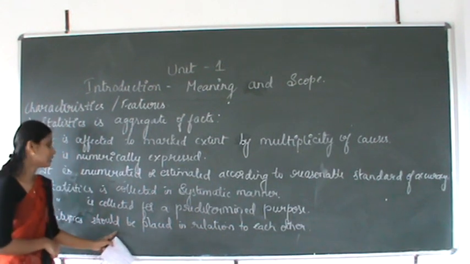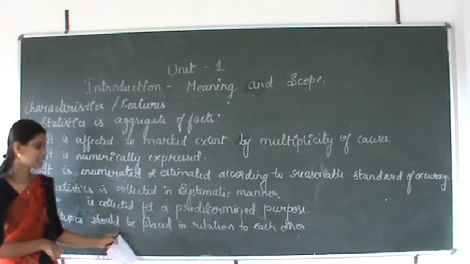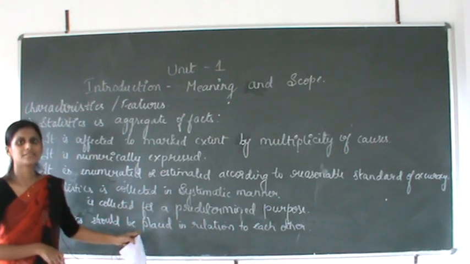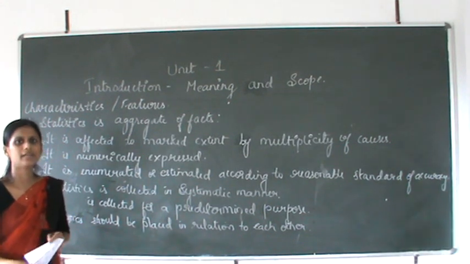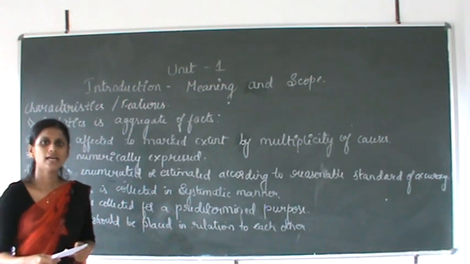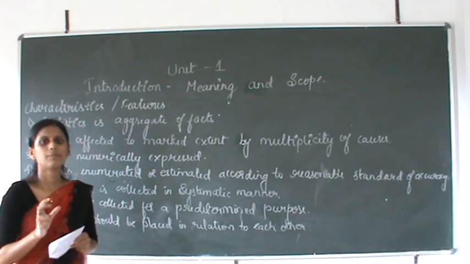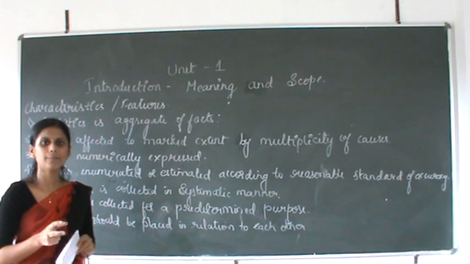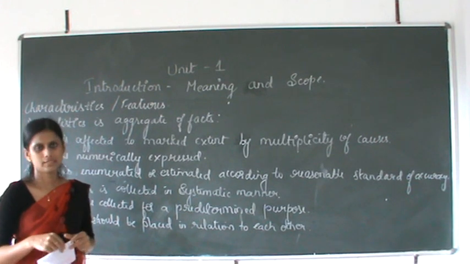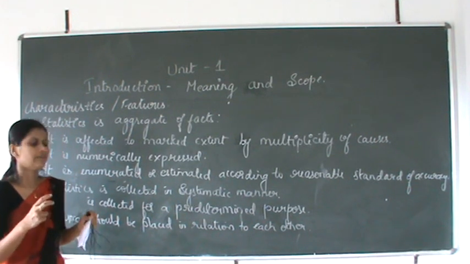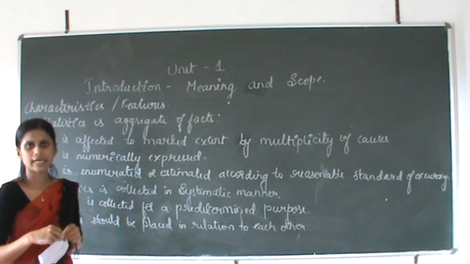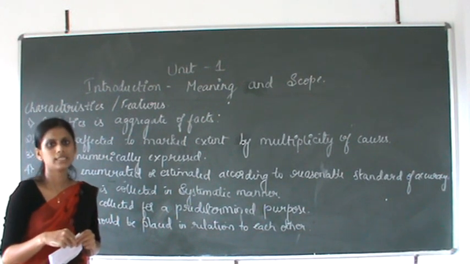The last characteristic states that statistics should be placed in relation to each other. That means whatever data you collect in statistics is collected for the purpose of comparing, and by comparing you come out with a result. So the data you collect should be of homogeneous type.